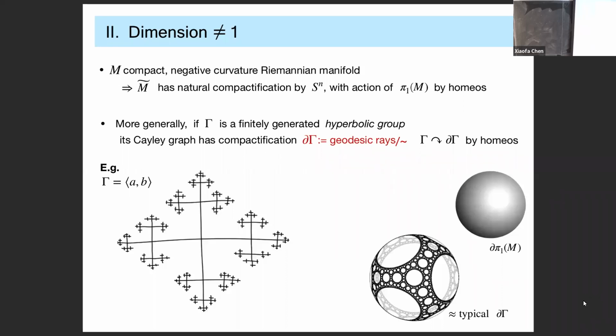Geodesics in a tree are just paths that don't backtrack. Right? So every way of going out to the end gives me a boundary point. And here, I don't have to worry, since the action of my group is by automorphisms of this graph, so geodesics go to exactly other geodesics. And that's the action of the group on this boundary.